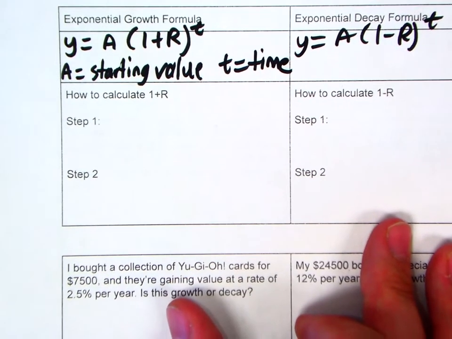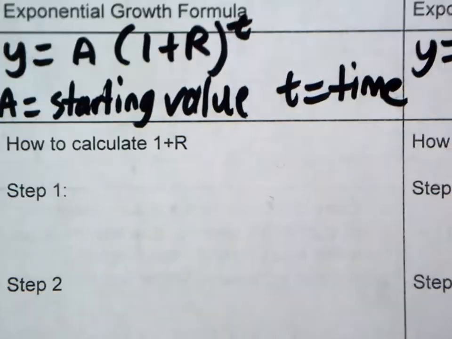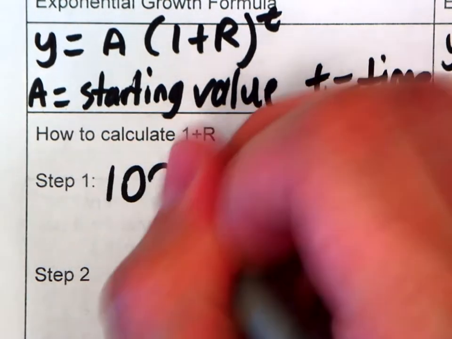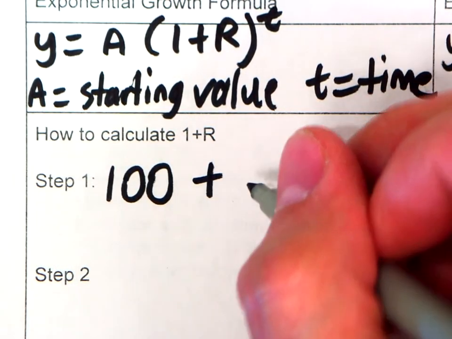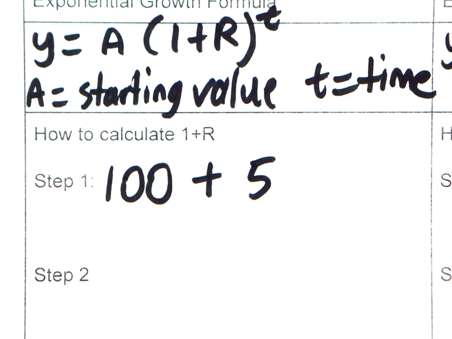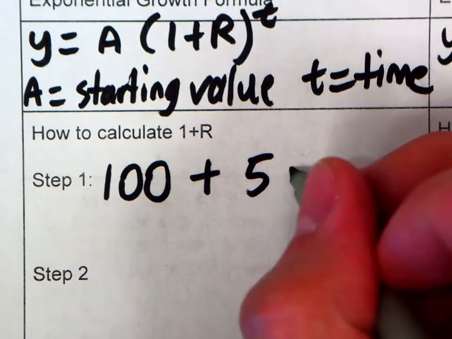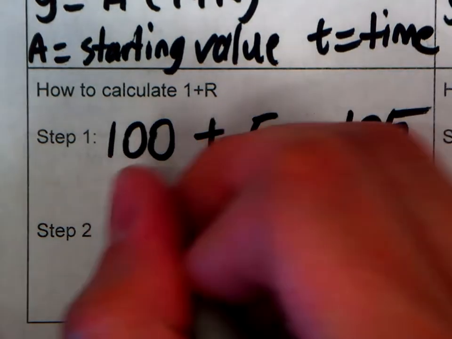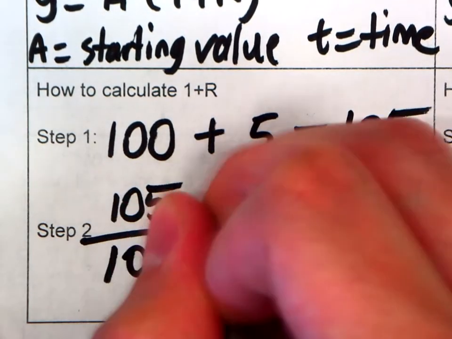Well, if something is increasing by 5%, we always start with 100 and we add, let's say, that 5%. So what do we get? We get 105. The second step is to divide by 100. 105 divided by 100.